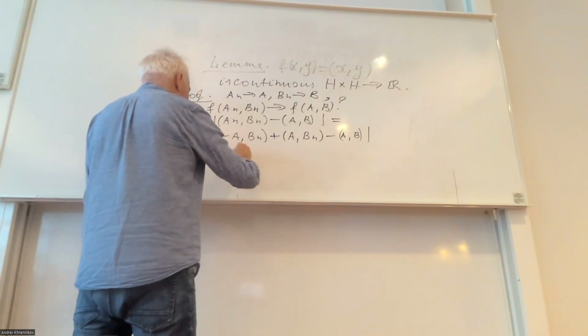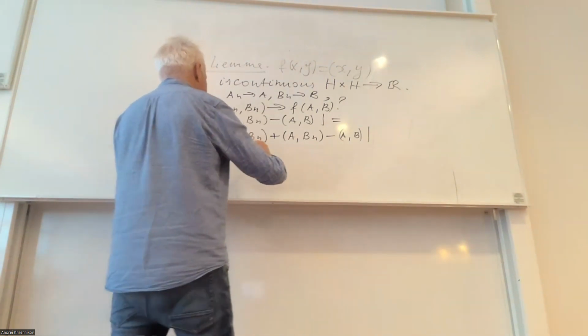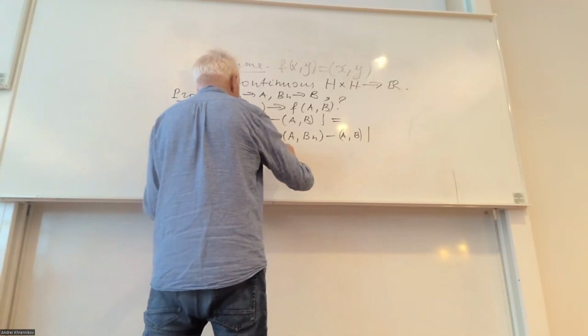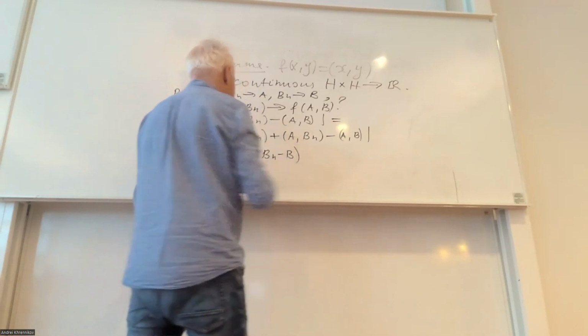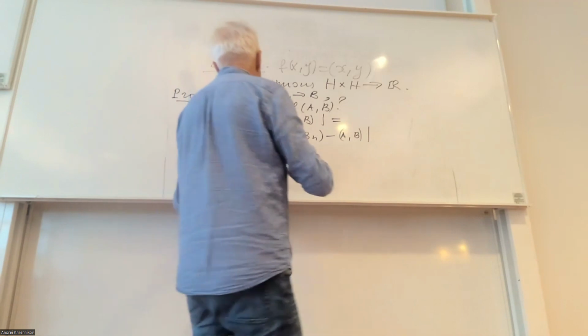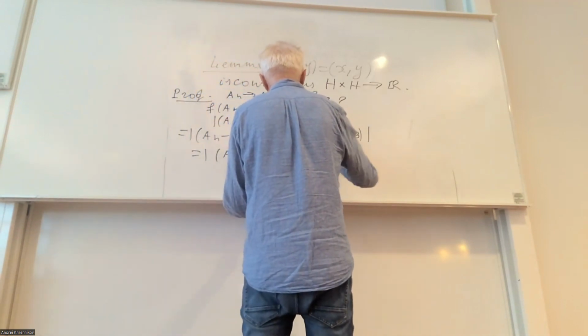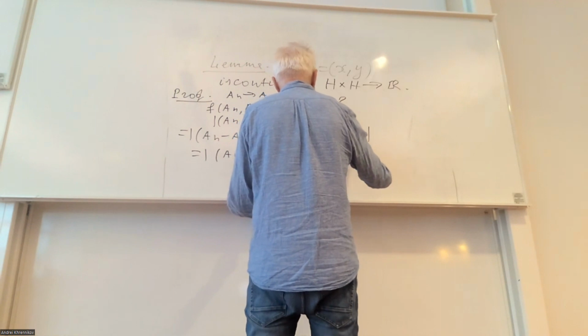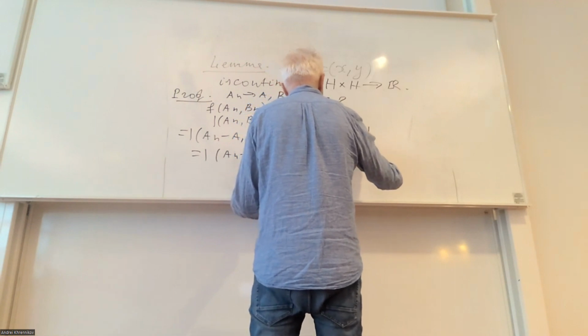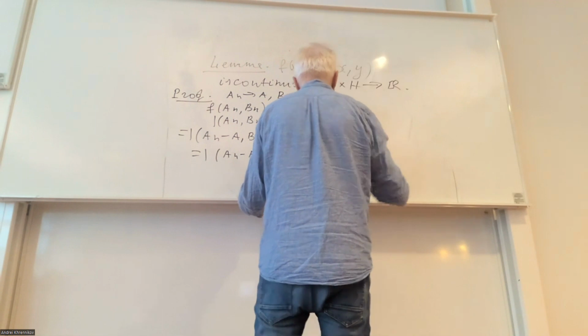So we get an minus a, bn minus b, plus an minus a scalar product b.